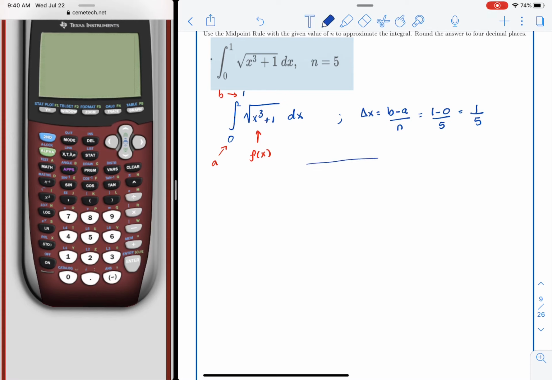So we have 0, 1/5, 2/5, 3/5, 4/5, and 5/5 is simply 1. So those are our subintervals.